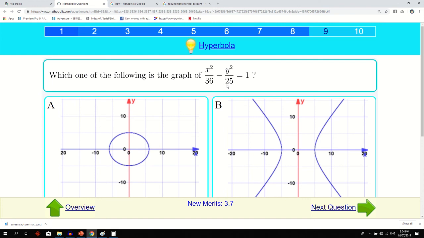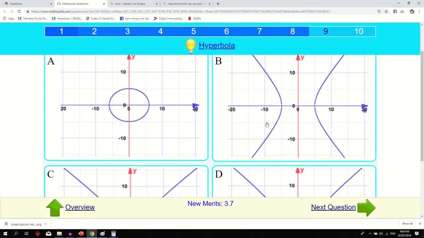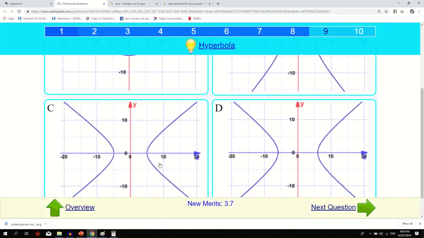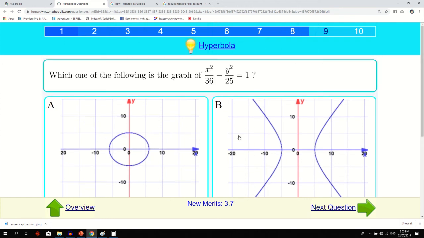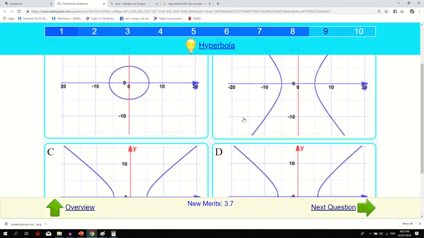So this is the one he used, so it should be wrong. This one also is using 5, so this also is wrong. Here we can observe that it is not 5 but more than 5, and also here it is more than 5, so he's using the 36. So I will choose D.